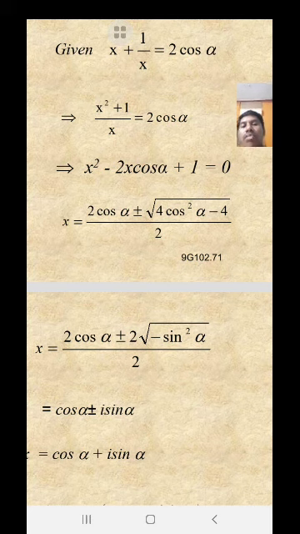After substitution we get x equals 2 cos alpha plus or minus under root 4 cos square alpha minus 4, by 2.